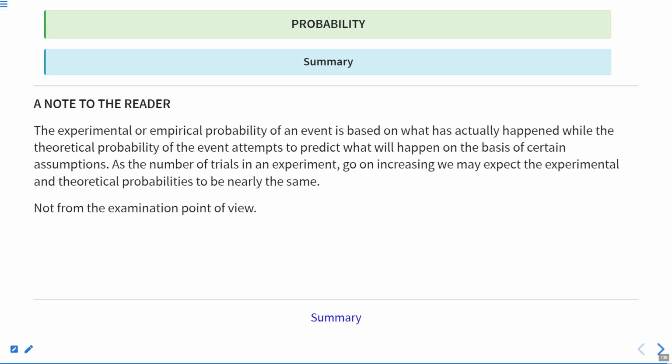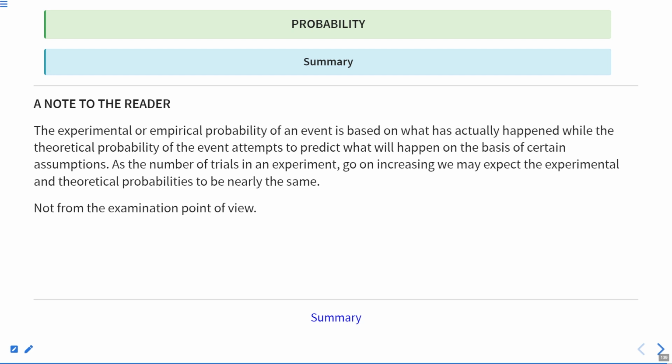And a note to the reader: the experiment for empirical probability of an event is based on what has actually happened, while the theoretical probability of the event attempts to predict what will happen on the basis of certain assumptions.